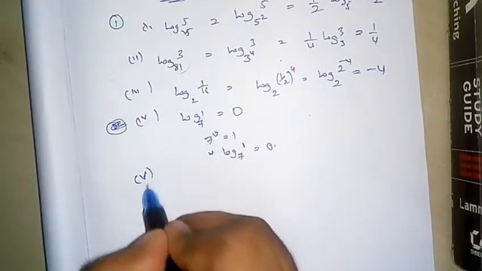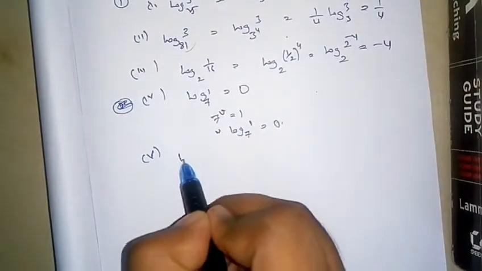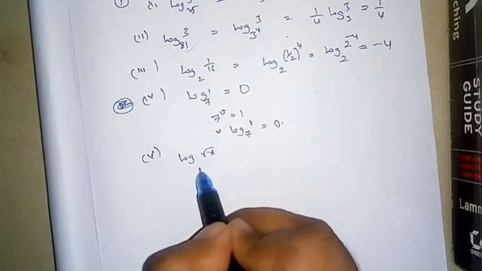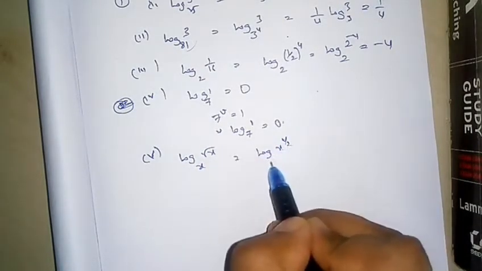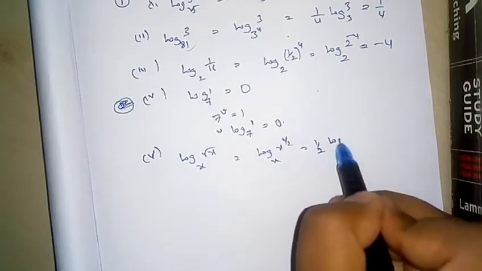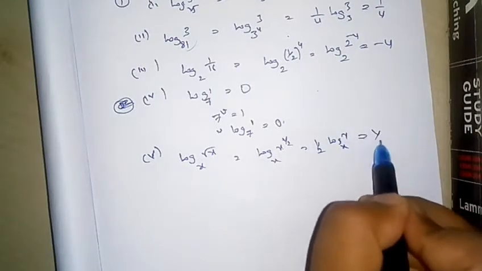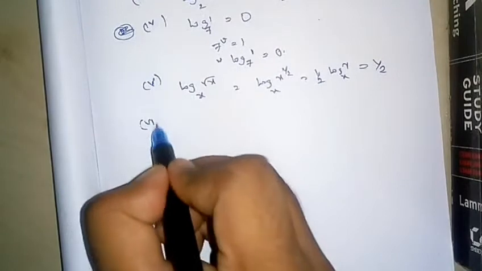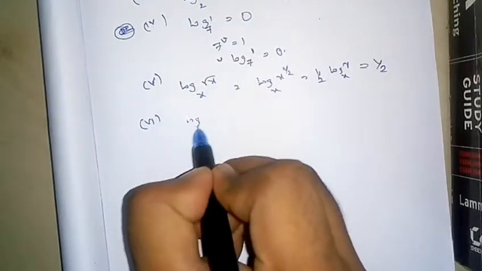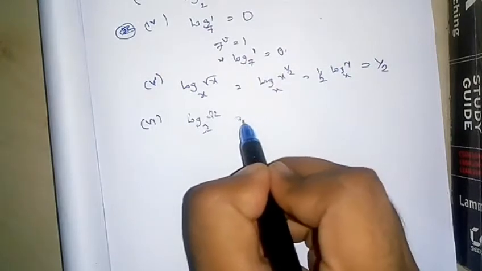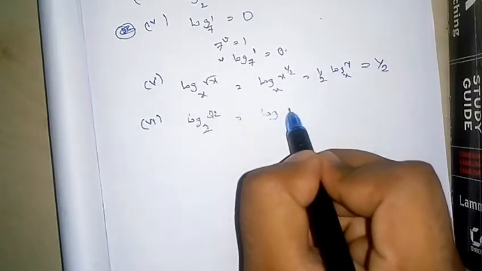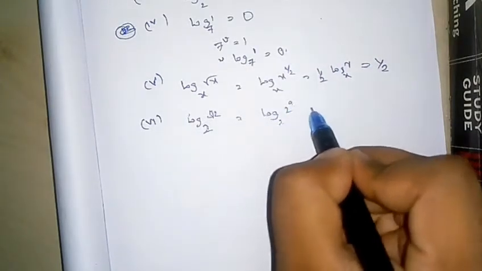For any base, log 1 is 0. Fifth, log root x base x can be written as log x power 1 by 2 base x, which is equal to 1 by 2 log x base x, which is equal to 1 by 2. Sixth one, log 512 base 2 is equal to log 2 power 9 base 2, which is equal to 9.